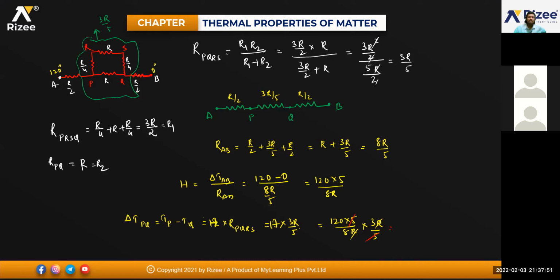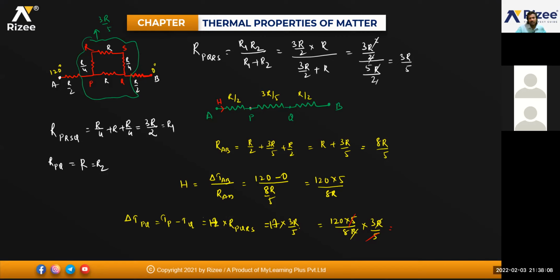Got it? What I did is first, I calculated the effective resistance. Then I calculated the total current flowing in this one. Total current means total heat. H is equal to temperature difference across A to B divided by resistance across A to B. That I got as 120 into 5 divided by 8R.